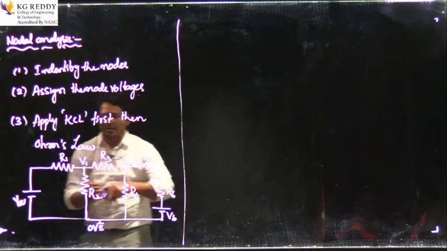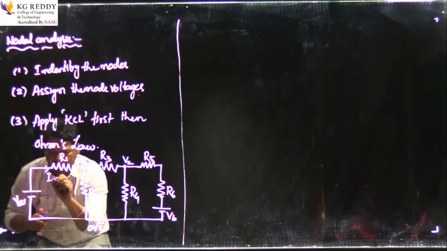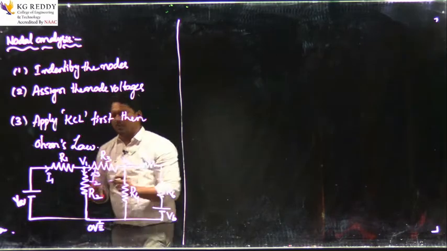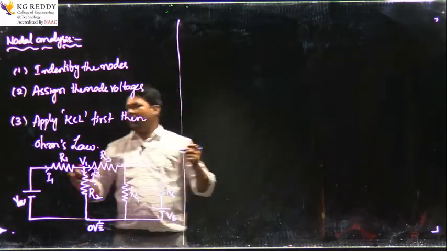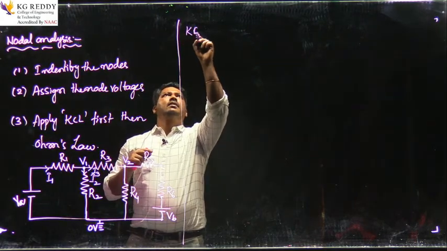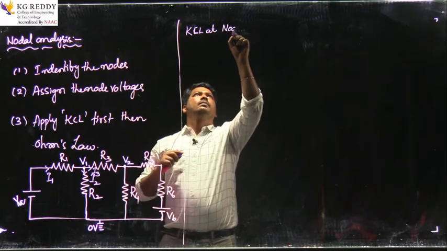Now observe the KCL at this particular node. I am assuming this current as I1, this one as I2, and this one as current I3. At node V1, we will first write KCL at node 1.